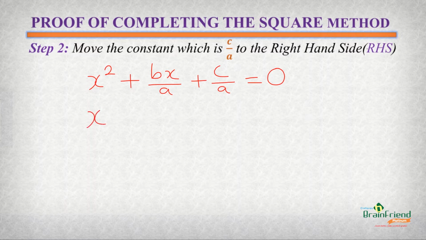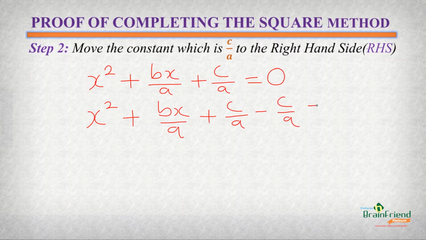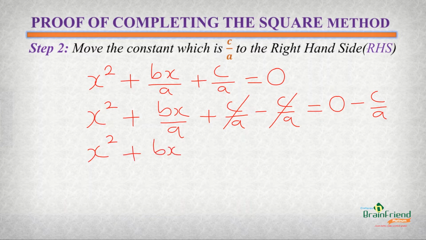So we'll now have x squared plus bx over a plus c over a minus c over a is equal to 0 minus c over a, right? The c over a here will be eliminated by this c over a because any value subtracting itself becomes 0. When we do that, we now have x squared plus bx over a is equal to minus c over a. Let's call this equation 2.